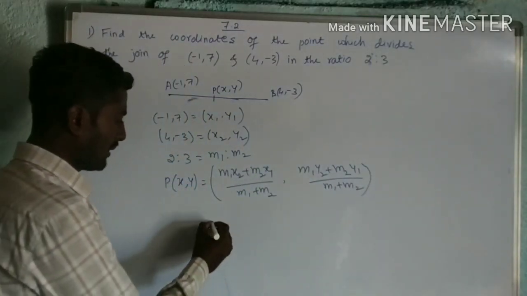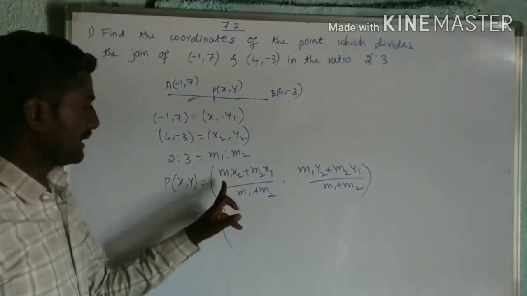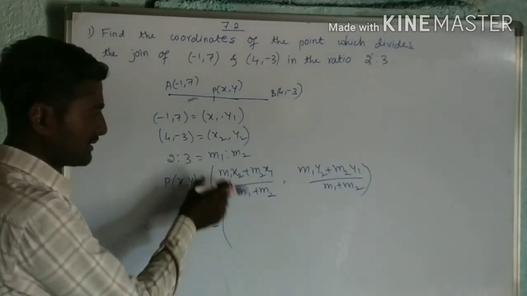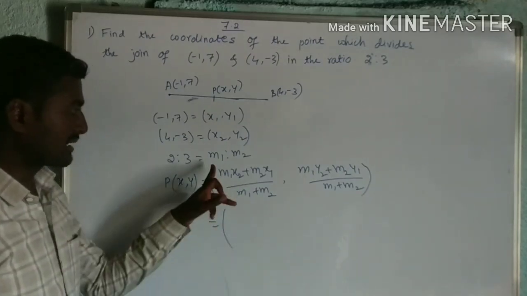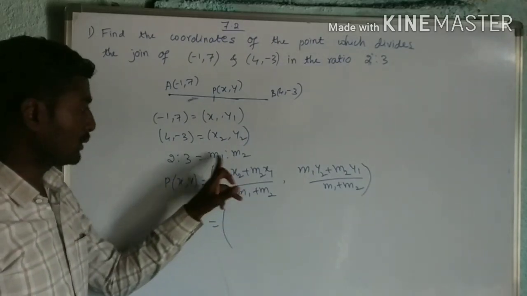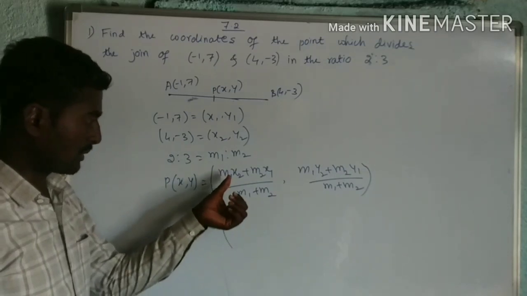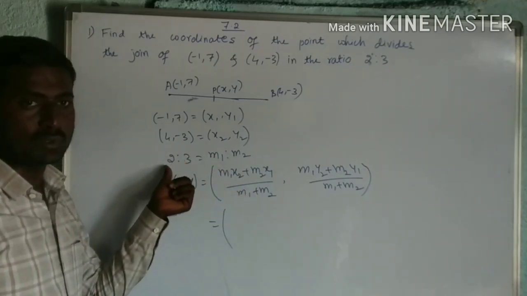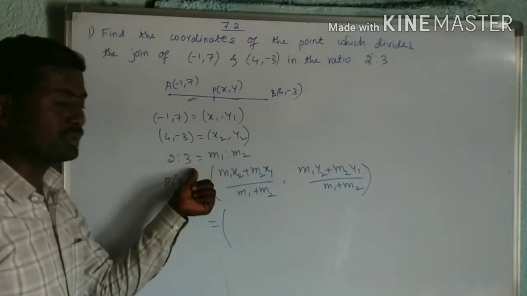Now let us substitute the values. m1 is here 2, m2 is 3. Since it is a ratio I can substitute, but it doesn't mean that m1 equals 2, m2 equals 3. For both numerator and denominator m1 and m2 are there, so in place of m1 I can substitute 2, and in place of m2 I can substitute 3.